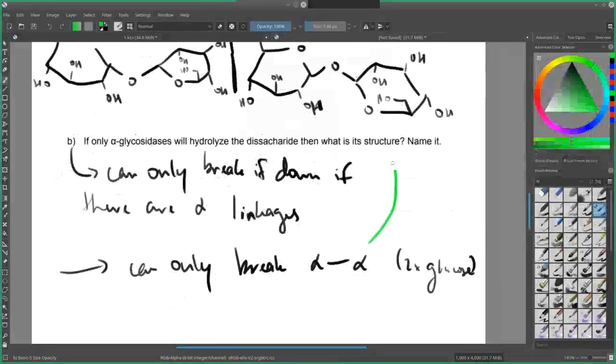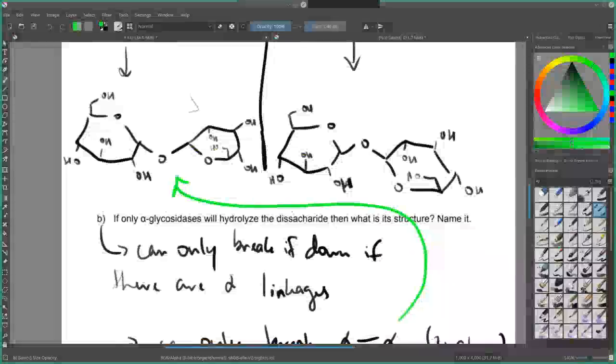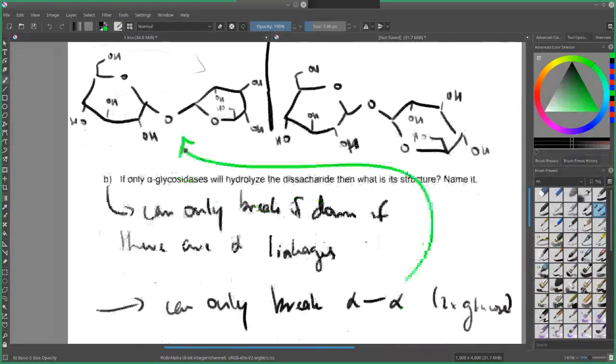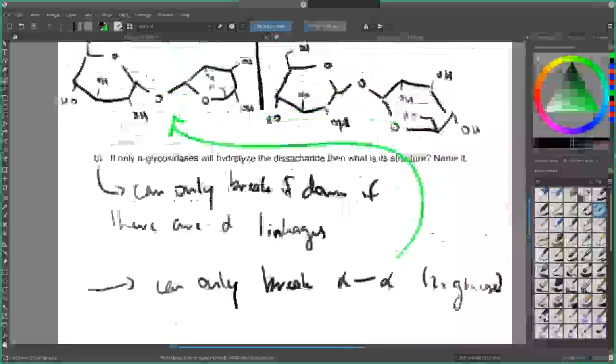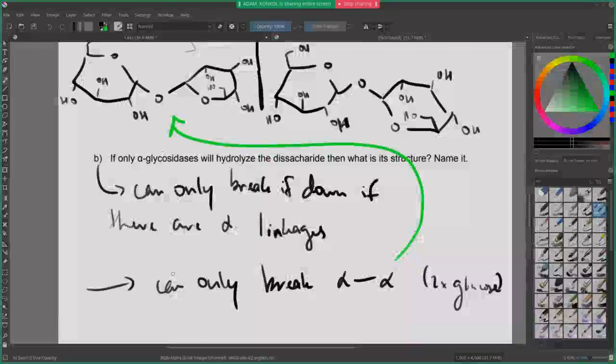Okay. So this is the structure that it is at the end. Okay. Good. Any questions about this one? Nothing too wild in this problem. The following ones get a little bit more complicated.